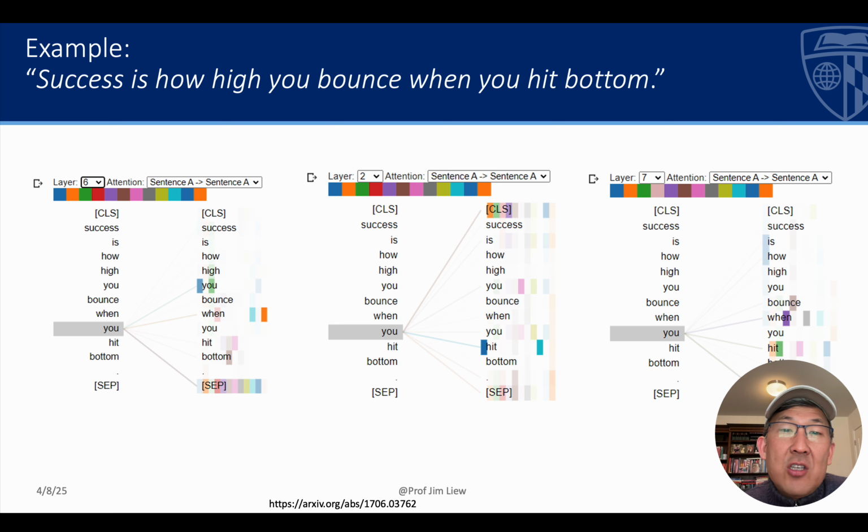And so there are different layers, and you can see across the different layers, it's very complex. So whenever you are trying to predict the word you, what is it relying on? Well, it depends on which layer you're in, right? In certain layers, it's pointing back to the first you. In other layers, it's emphasizing you hit. And then another layer would be when you. So there's a lot of complex things going on inside this attention layer of the transformer.